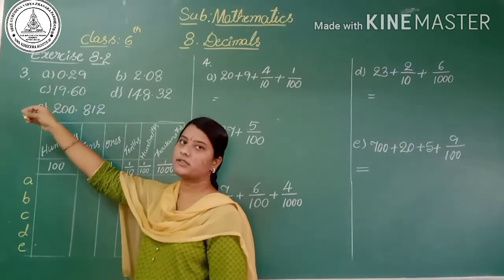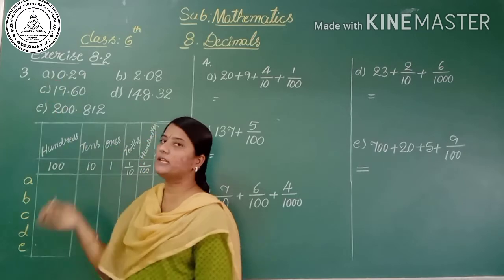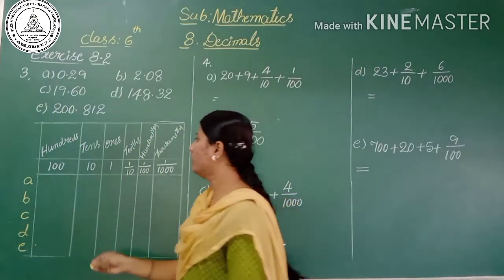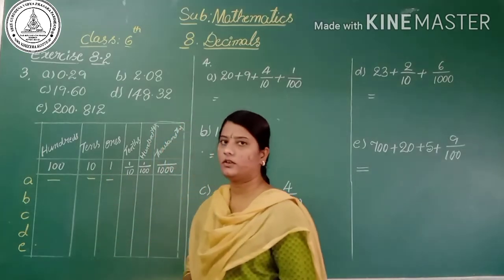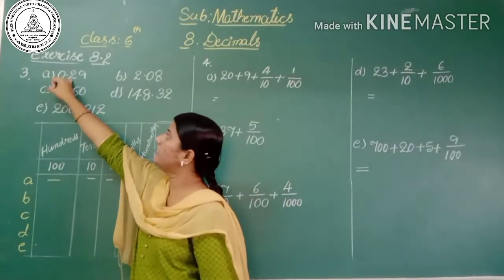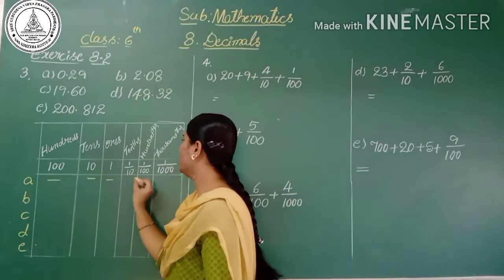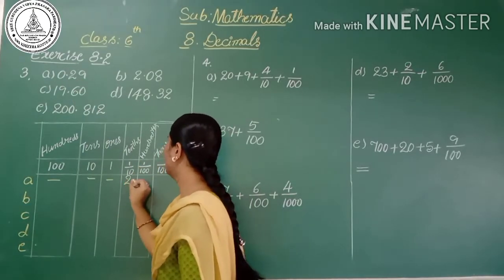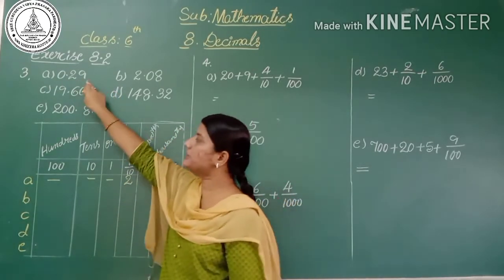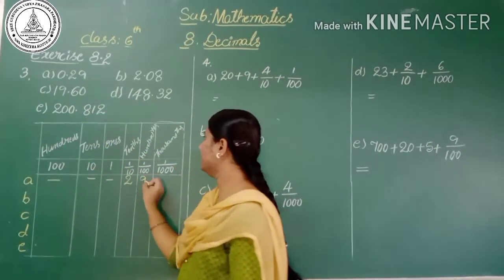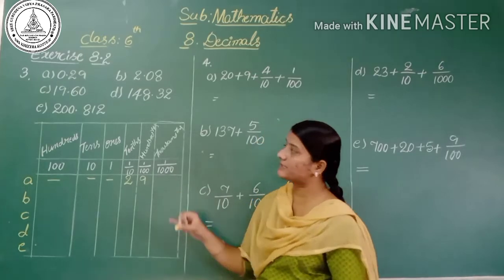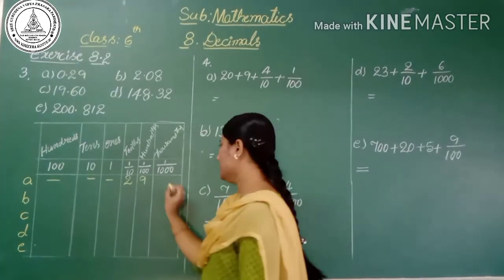0.29. You can see here in the whole part there is a 0, right? So we don't write anything in the whole part. In the tenths place there is a 2, so write here 2, and in the hundredths place there is 9, so write 9 in the hundredths place, and in the thousandths place there is no number, you can keep it 0.